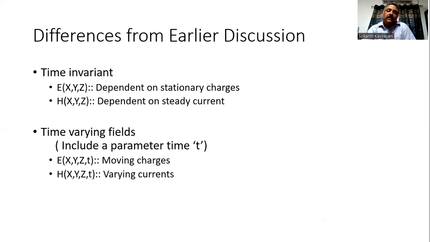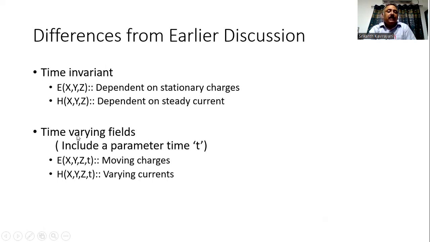Now, the basic motivation of our studies in electrostatics and magnetostatics was to understand advanced machinery. So the discussion has to go from the time invariant domain to the time varying fields. Earlier, the discussion was pertaining to the electric and magnetic fields with the XYZ coordinates, which depend on stationary charges or steady current.